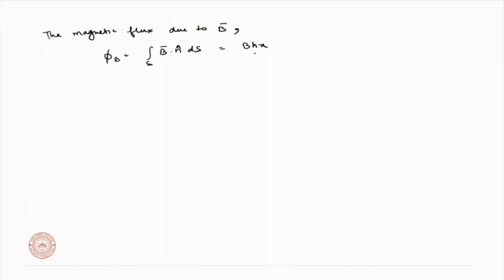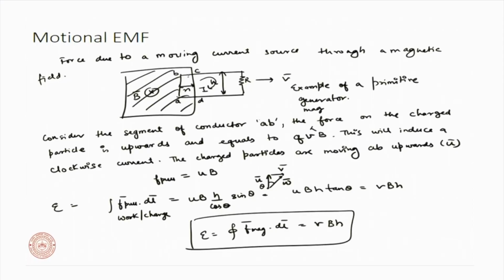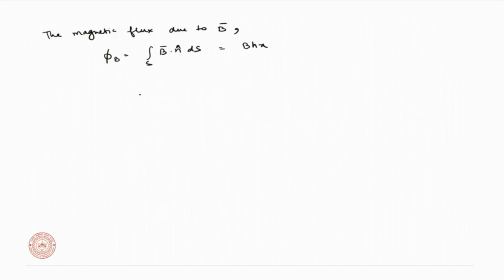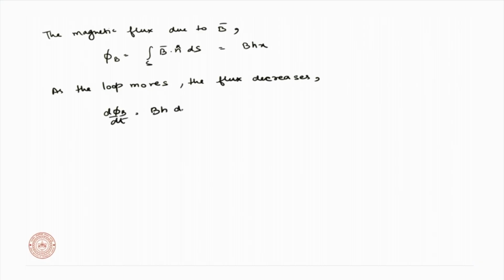So, if you go back a few slides, we can see that the area is h into x and your field is B. So, B into h into x. Now, as the loop moves, the flux reduces and therefore, d phi B by dt is equal to B into h into dx by dt, which is equal to minus B h into v, and this is our minus epsilon, right.